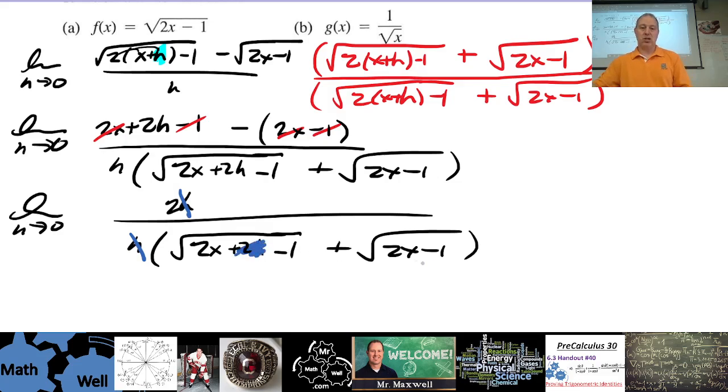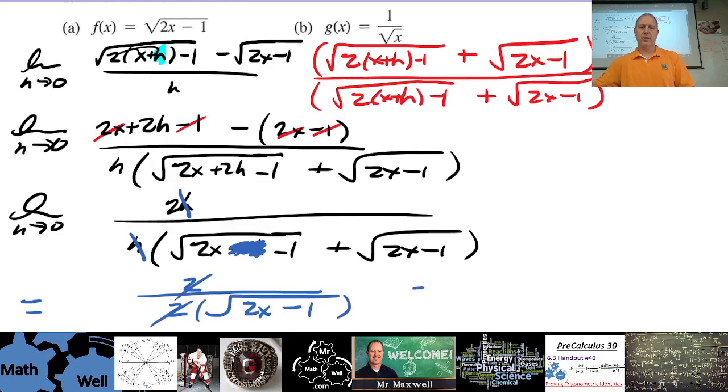And that's just it, right? So this term is gone too if we let h equal 0. So I have 2 on top, and on the bottom I have root 2x minus 1 plus root 2x minus 1. So I have 2 of these root 2x minus 1s. Is that right? Yeah. So this actually can be simplified even some more, and I've got 1 over root 2x minus 1.